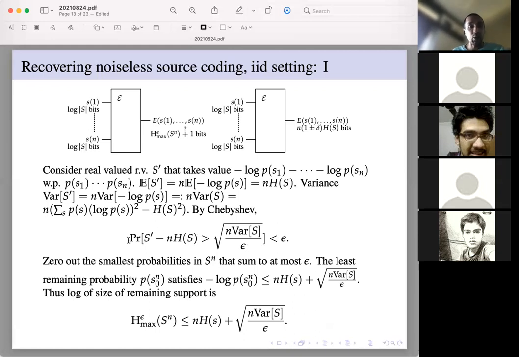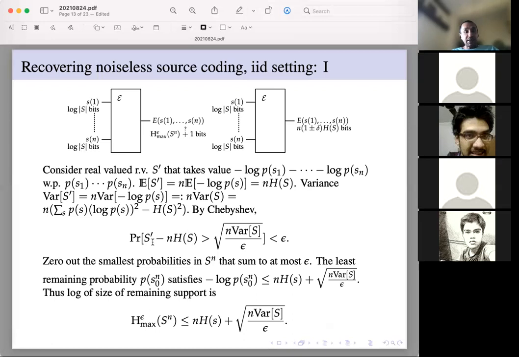What is this Chebyshev concentration bound telling me? It tells me that if I zero out those sample points such that S prime is larger than n H(S) plus the deviation, then I would have lost only epsilon fraction of probability.